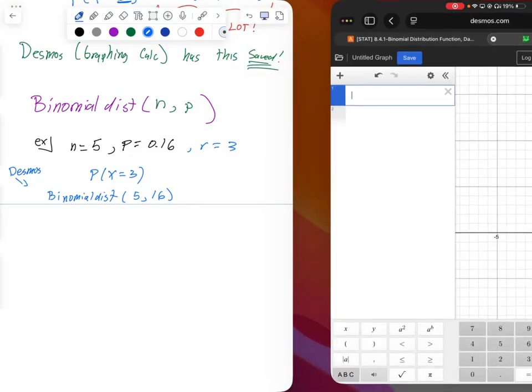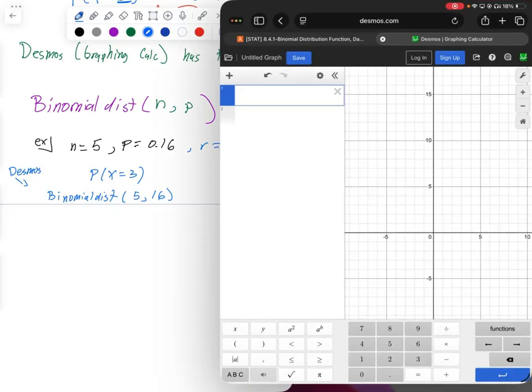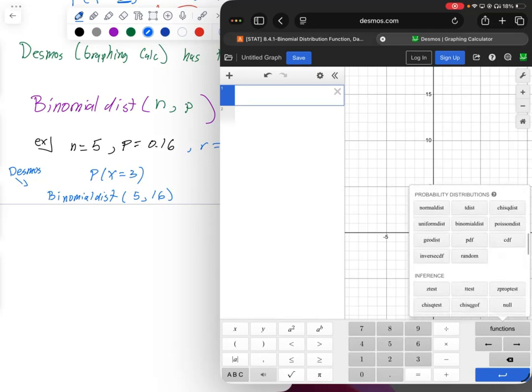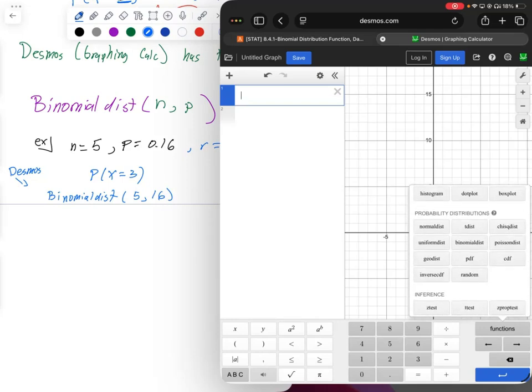I'm here in the calculator. It has to be on the graphing calculator. If you hit functions and scroll down, you'll see it says probability, which is our topic, then distributions. And right there, binomial DIST. Or you can type it as well.